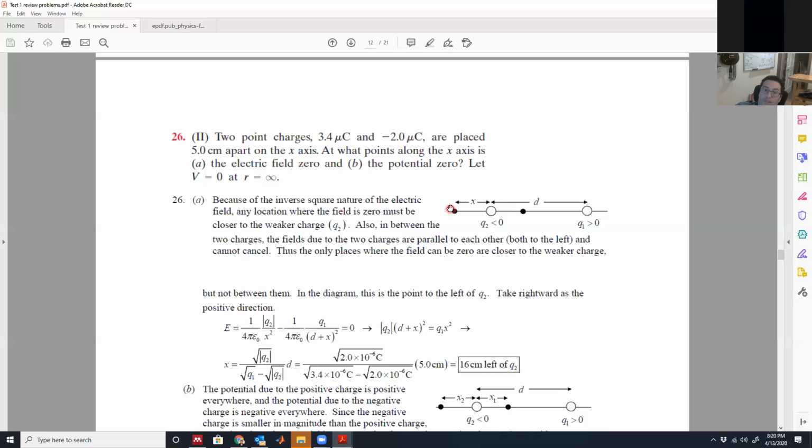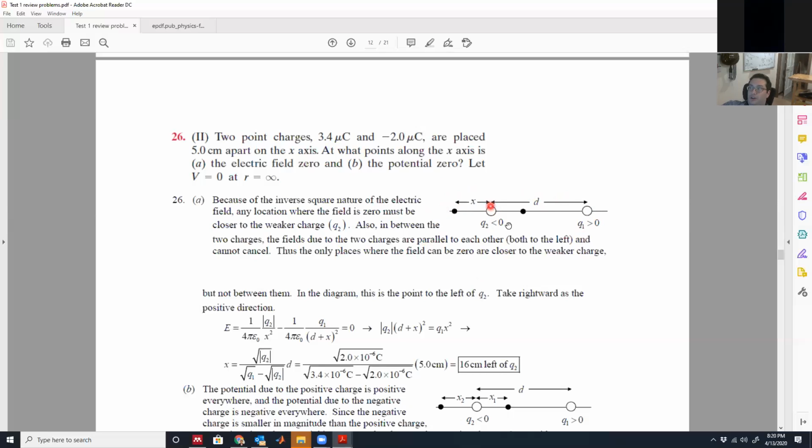So we really set up this problem by using some logic to see what region we expect the field to be 0. In this case, it would be on this side, because on this side, there's a certain distance from these two charges where these forces are equal and opposite.